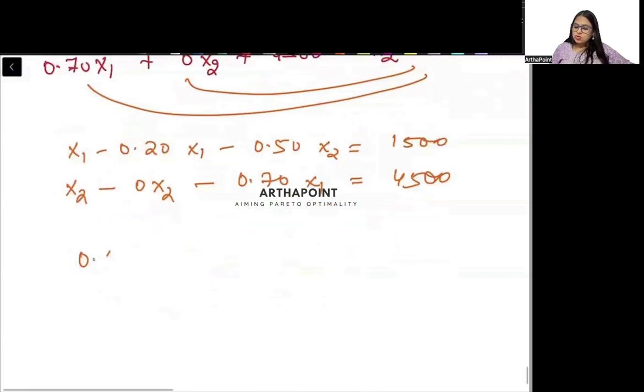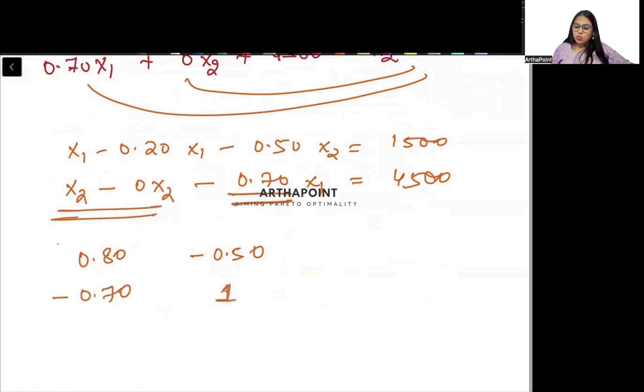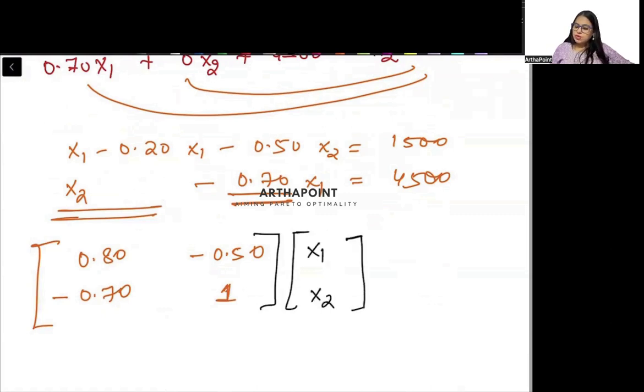So you will get 0.80, minus 0.50. Pehle X1 ka coefficient I will write down, so minus 0.70, and X2 ka coefficient is simply 1 because this is just 0 X2. Mane, this is not even required, right? And then this will be multiplied by X1, X2, and here you will be getting 1500 and 4500.